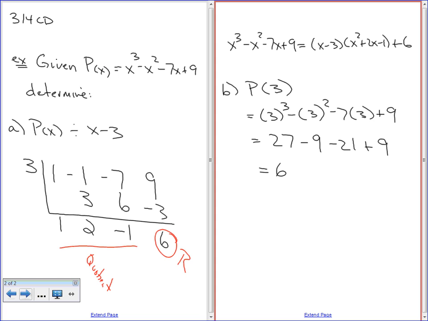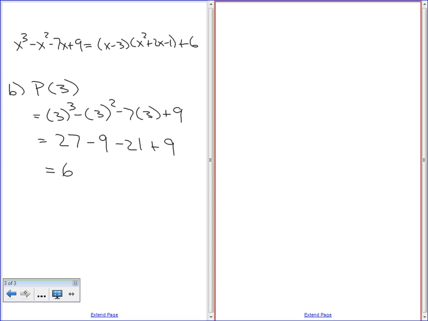That leads to something called the remainder theorem. So the remainder theorem simply says if you can identify the A value and substitute it into the polynomial, then when you do some math and simplify, the answer is going to be the remainder. Okay, so it gives you the remainder without dividing.